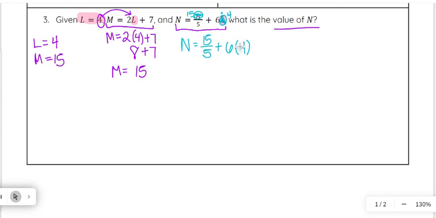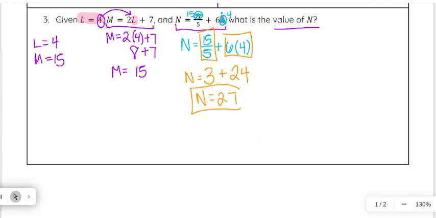No exponents here, so then we move on to multiplication and division from left to right. So we would divide this 15 over 5, and we would multiply this 6 times 4. 15 divided by 5 is 3, plus 6 times 4, which is 24. Add those together, because that's the only operation that's left, and we get n is equal to 27.